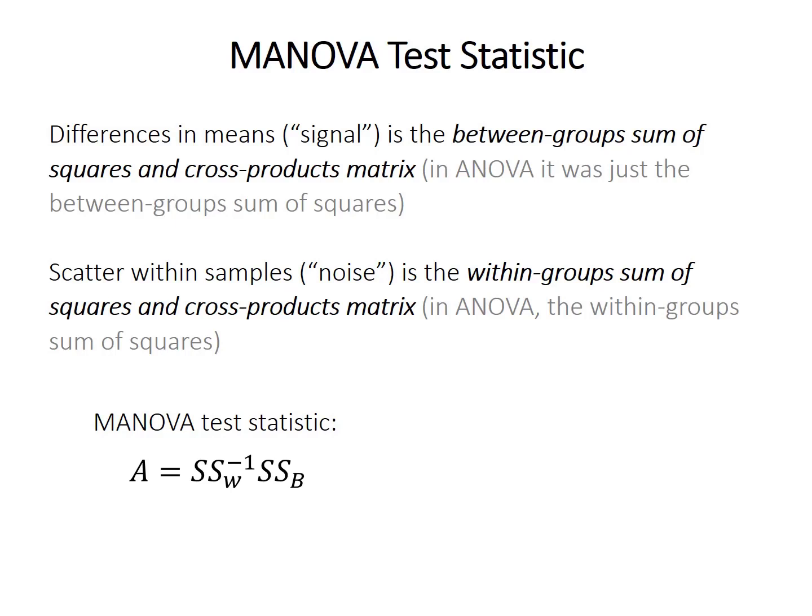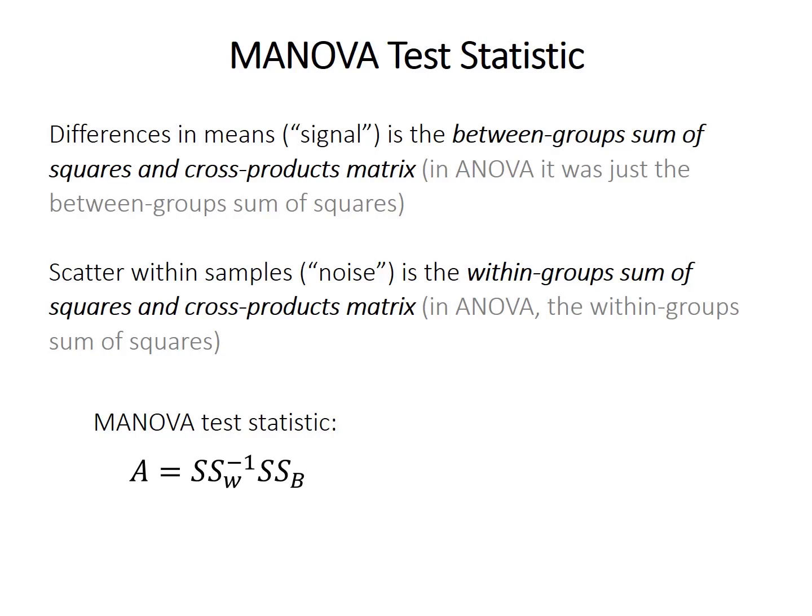So in ANOVA, it was just the between group sum of squares, but given the fact we have multivariate data here, we have to consider both the sum of squares within each variable as well as the cross products between the variables. The scatter of data within the samples is called the within group sum of squares and cross products matrix.